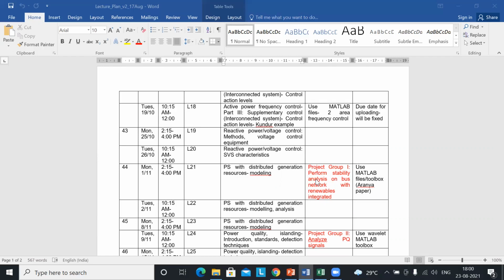Are the projects a part of the grade? Are they graded as part of the final exam? No, I think grading is only for the end semester examination, but this has to be approved. That's what I could see from the description, because I have not modified anything. So these are mandatory assignments, but they are not graded.